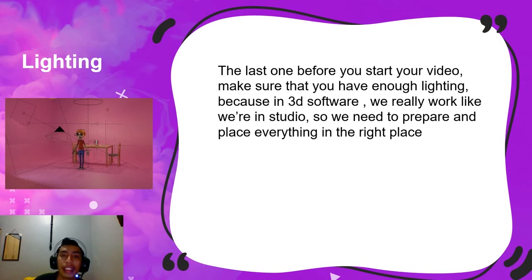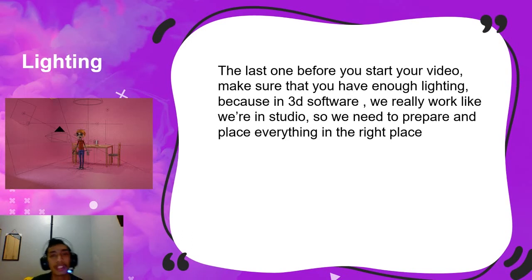So in this section I will explain it in a simple way. In 3D software we work like we're in a studio. So we need a camera, we need lighting, so you need to place your lighting in the right place, and you need to adjust the point of the light, where the light should light your character, which part of your character will be shown by the light.